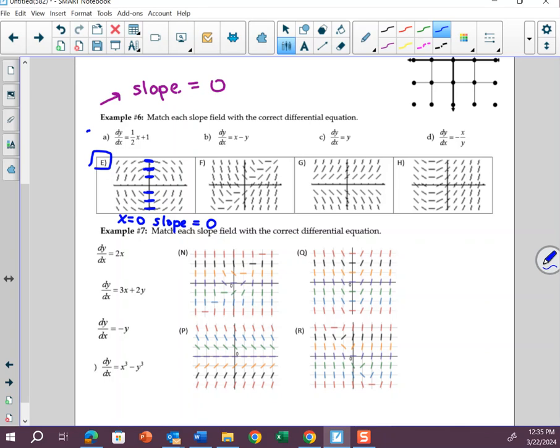That wouldn't necessarily happen on B. B would have a 0 slope if x and y were the same. But when x is 0, unless y was also 0, we wouldn't have a 0 slope. C doesn't even have any x's in it. But D, if I put a 0 in for that x in the numerator, 0 over any y is going to match up with 0. So choice D and slope field E must go together.